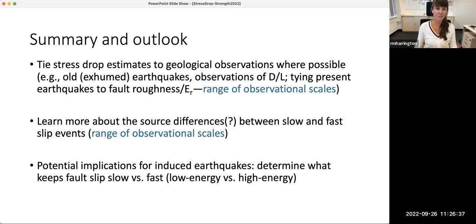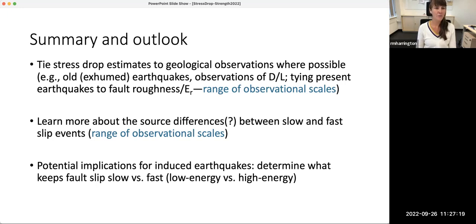I'm not a field geologist, but just as a suggestion to field geologists, maybe other people have thoughts on this, look at old exhumed fault zones, earthquakes in the rock record, and try to find observations of actual stress drop or ratios between fault slip and fault length, and also try to tie those observations to earthquake or fault roughness and radiated seismic energy over a range of observational scales. So that's probably a tall order, but that would be my wish list to tie together with the seismic data.